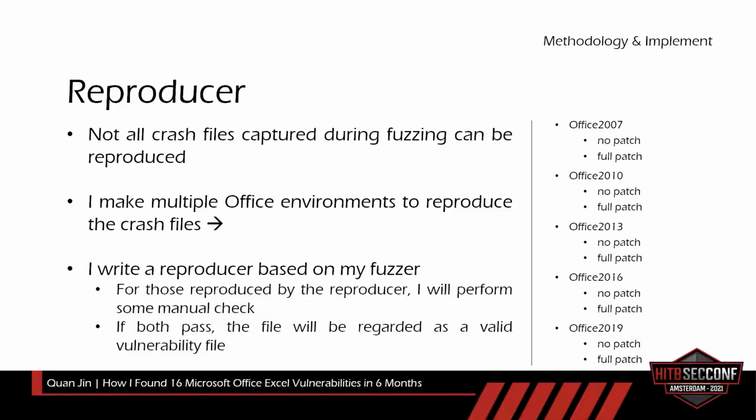I made multiple Office environments to reproduce the crash files, including but not limited to these: Office 2007, Office 2010, Office 2013, Office 2016, and Office 2019. For each version I made a no-patch environment and a full-patch environment.